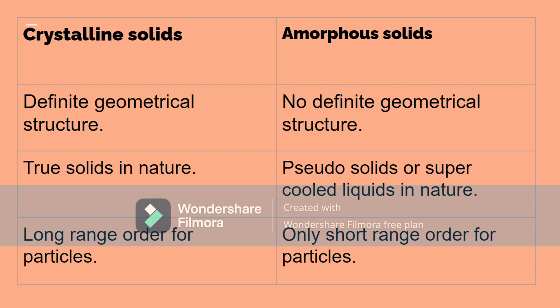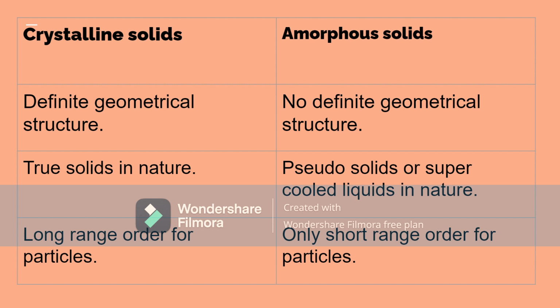When you come to the nature of solids, crystalline solids are true solids, whereas amorphous solids are pseudo solids or super cooled liquids in nature.